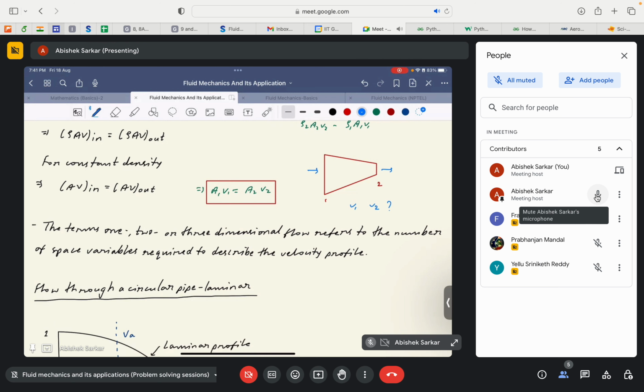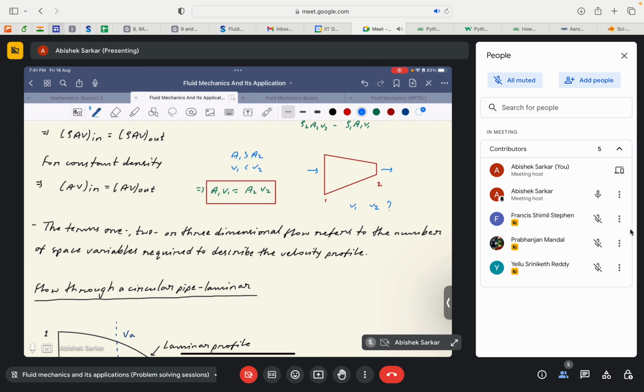Yes, thank you. It's a very simple observation: if this equation is valid, and A1 is greater than A2, then to satisfy this equation we must have V1 lesser than V2, and this is exactly what is seen in the case of a nozzle.